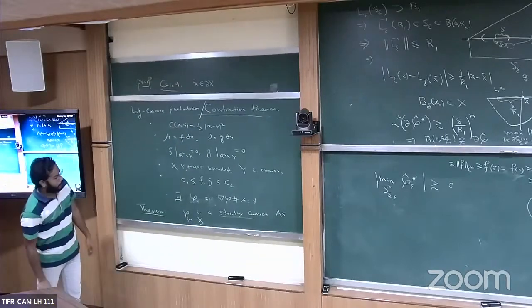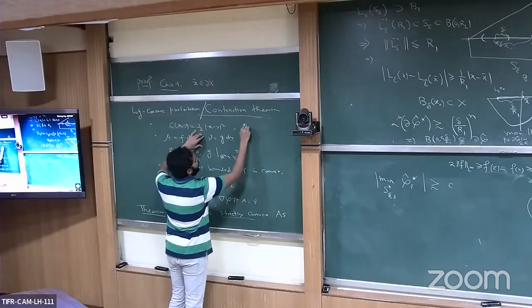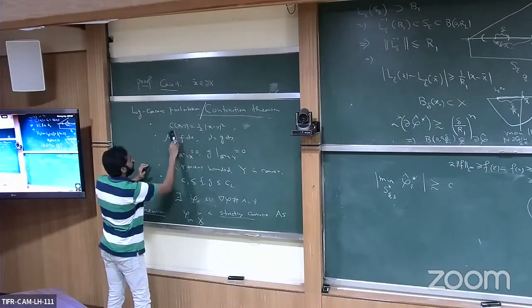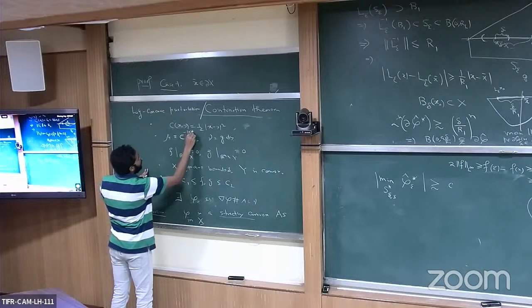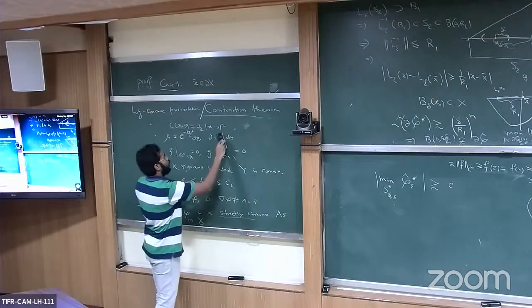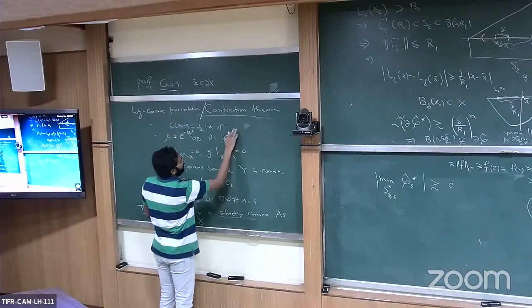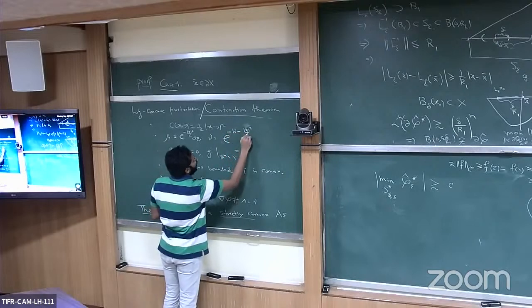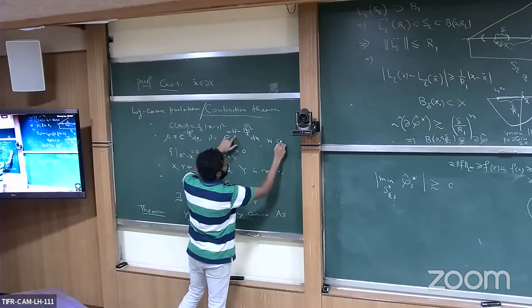Here is the setup. Again, our cost is quadratic, and we are in Rn, and now my measure is Gaussian, and mu is a log-concave perturbation of the Gaussian in the sense that it is e power minus w minus x square by 2 dx, and here w is convex.